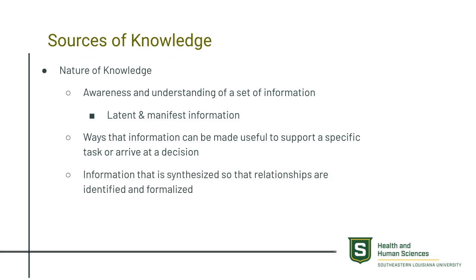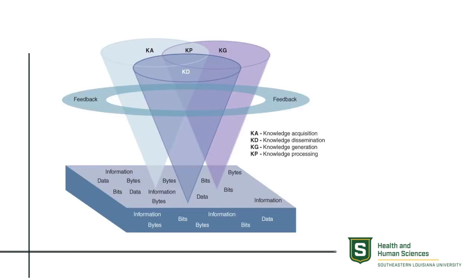It also looks at how information is synthesized, so that relationships between different situations can be identified and formalized. If you remember the foundation of knowledge model from the last module, where we talked about knowledge acquisition, knowledge dissemination, knowledge generation, knowledge processing, all of this looks at the nature of knowledge.